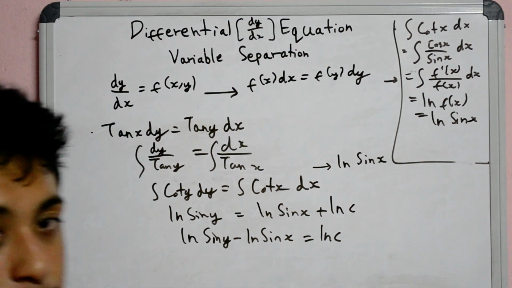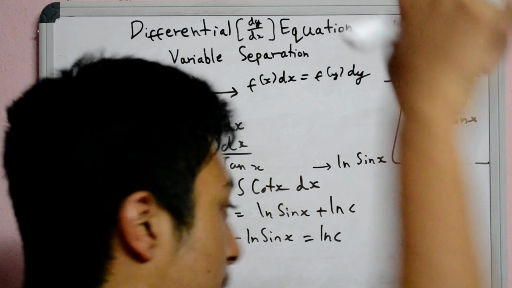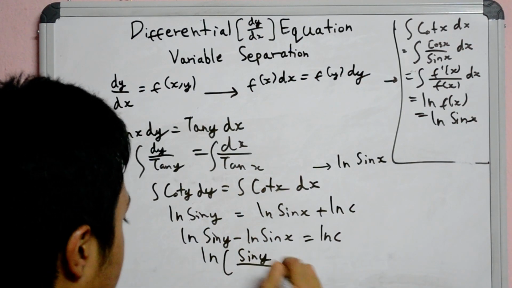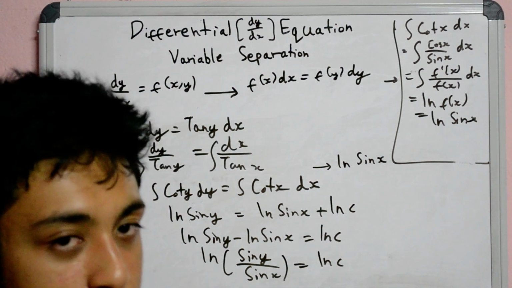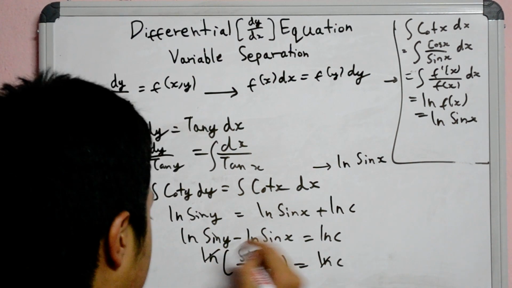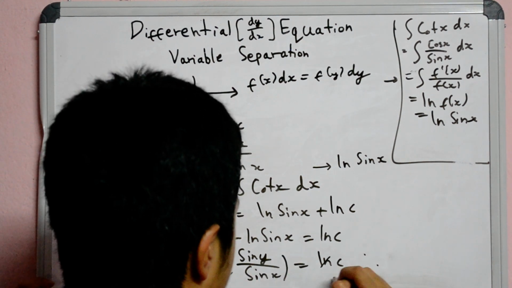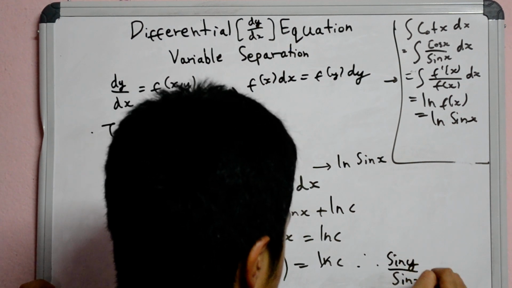Now with the log property, we know that ln a minus ln b is ln a by b. So we have log natural of sin y by sin x equals to ln c. Now here we can cancel the ln on both sides. So therefore we have sin y by sin x equals to c.